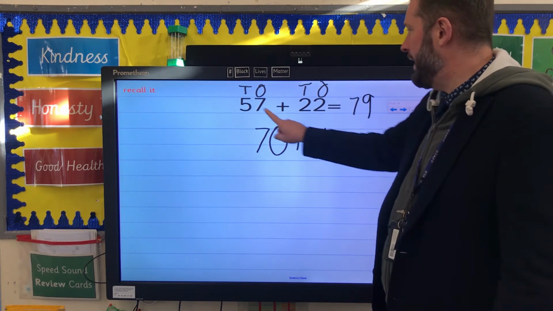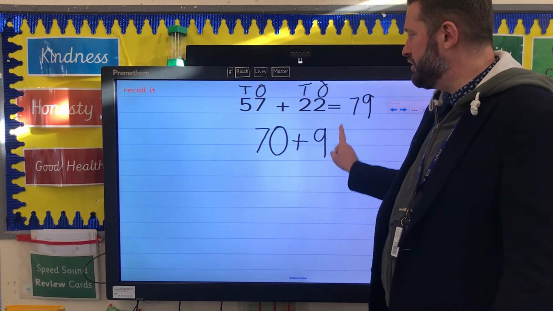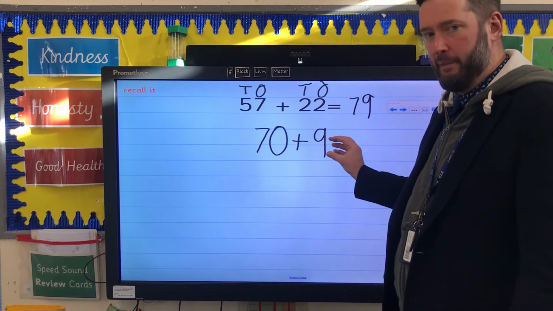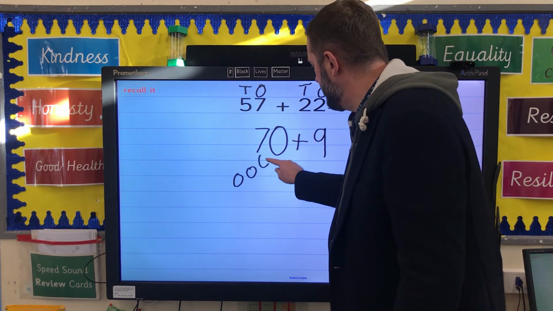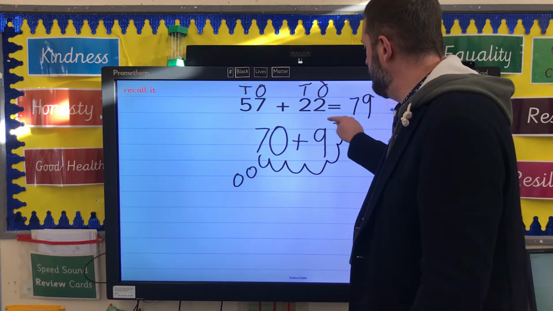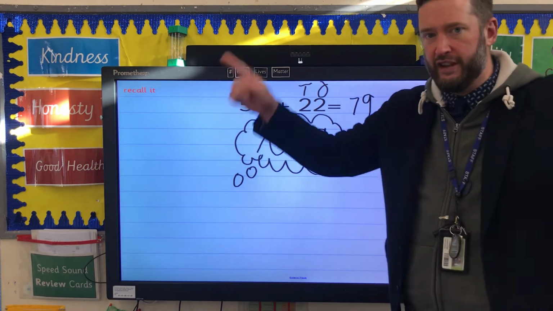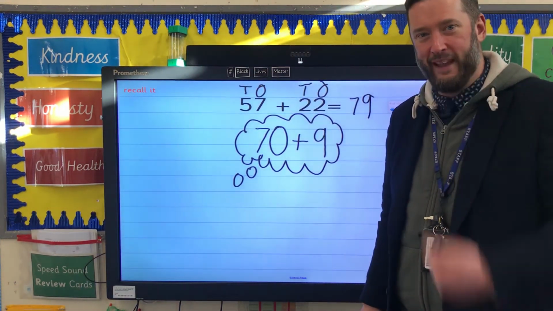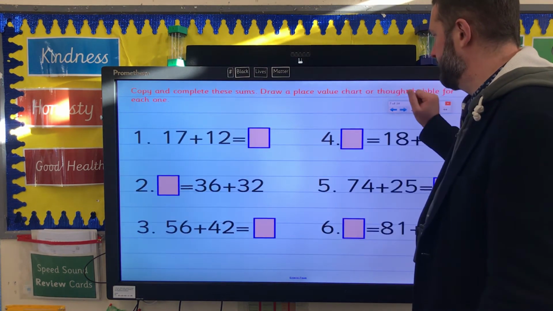Do you see how I counted the tens and then counted the ones and just wrote down that little step, okay? Now, I want you to do this. If you use this strategy, can you draw a thought bubble around it to show me that you've done it in your head? Only do that if it makes sense to you. If not, use the place value chart.